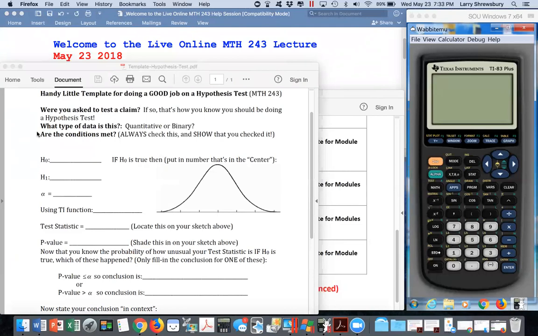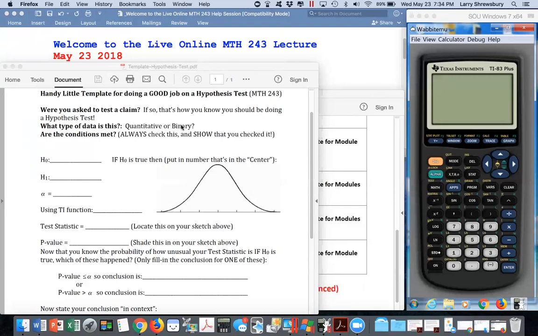Now, you should already be good at this because they're the same conditions that apply to confidence intervals. So if it's quantitative data, of course you got to have a random sample. But after that, either your population that you're sampling from is normal or your sample size is at least 30 or more.